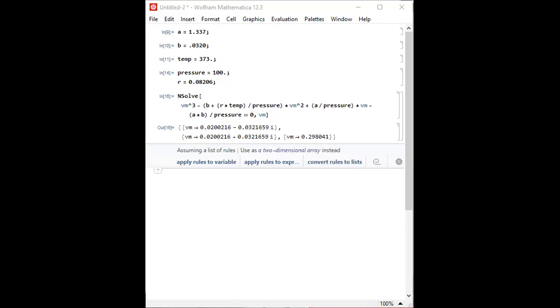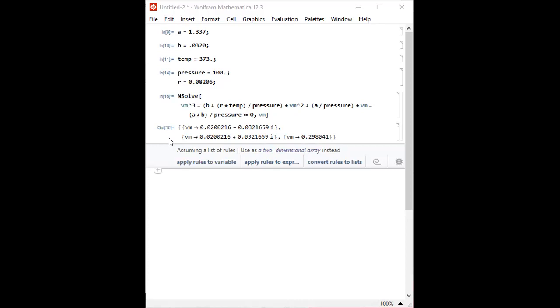And then rather than solving, I'm going to do an n-solve, numerically solve. So in Mathematica, capital NS, and then everything in square brackets. So I start out by putting in the equation I want to solve. And I want to solve for when it equals 0. So you go equals 0. And I want to solve for the value of molar volume when that expression equals 0. So I'm numerically solving for the molar volume.